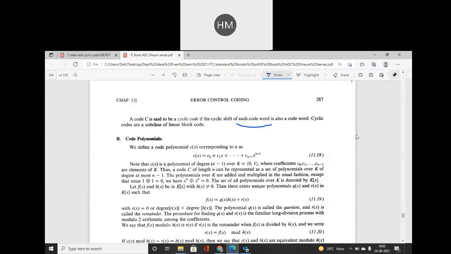What can it be? Either it could be 0 or 1, where coefficients C0, C1 till Cn minus 1 are elements of k. Did you write it, students?